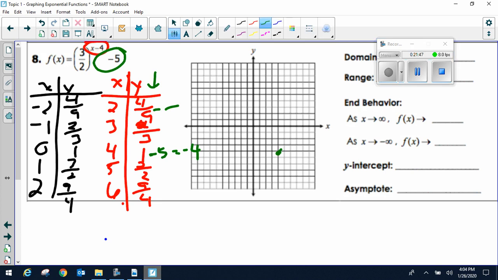You would have to add their exponents, but basically this would be at negative 3.5. And then 6 would be at like negative 2.75 roughly. And then these ones up here would be like negative 4.3, give or take.